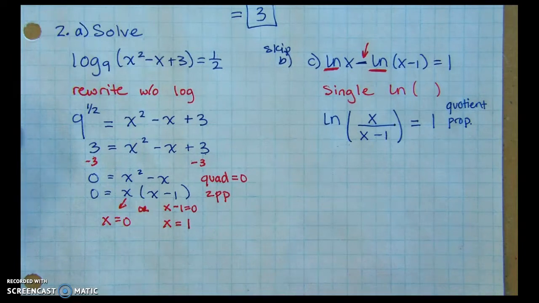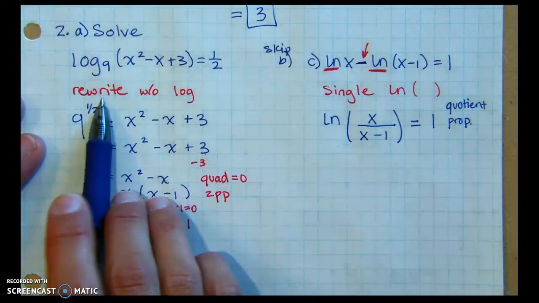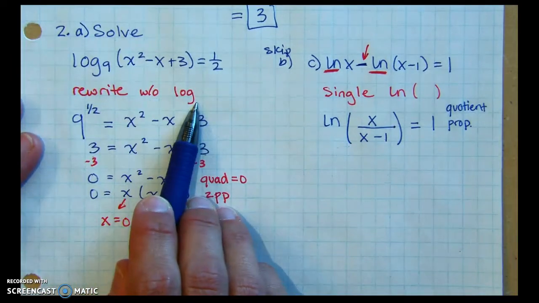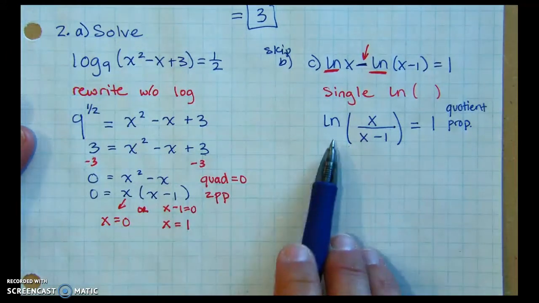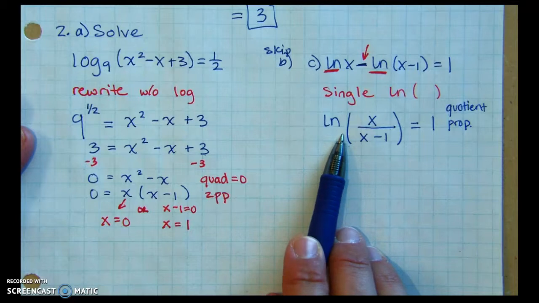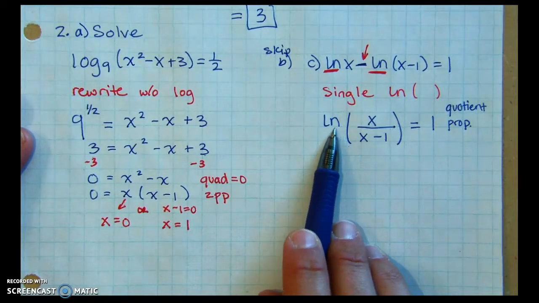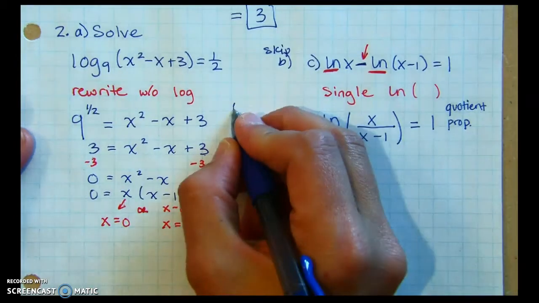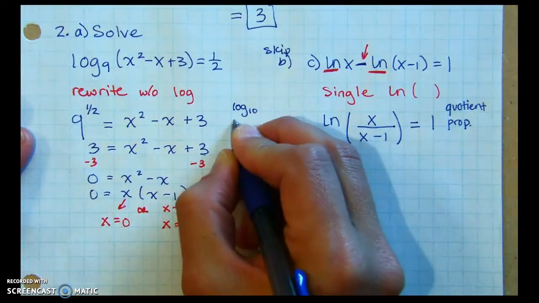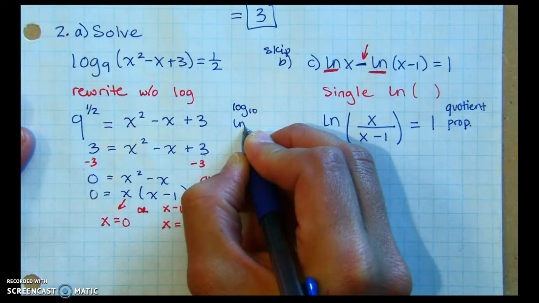Now what do we do? Anytime you get stuck, we're going to rewrite without the log. But this one had a base 9. What is our base here? Careful, because you can't see it, but it's an ln. So if it's a log and you can't see it, it's a 10. But what if it's an ln? What's the base of ln?